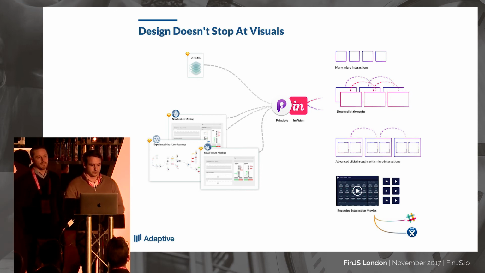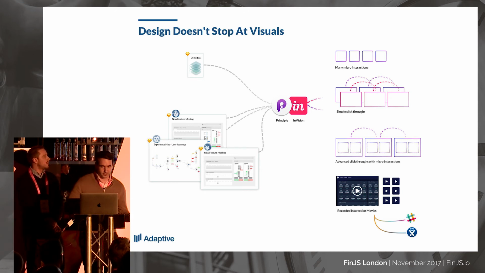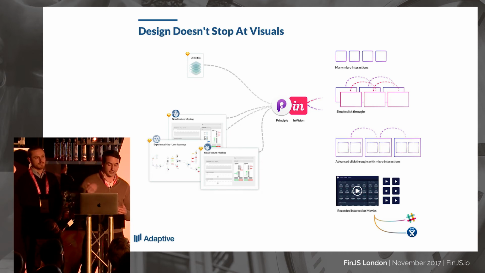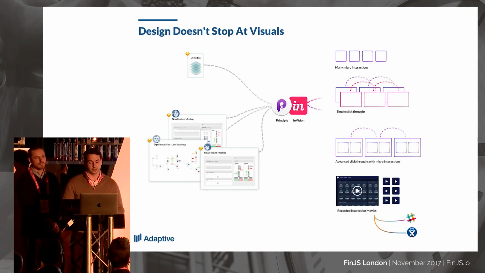So in Principle, we can create micro interactions, rollovers, state changes, price changes. We can also create click-throughs, you know, filling out an order ticket, simulate that kind of style. And then we can almost build click-throughs within click-throughs and get to a full clickable prototype quite quickly.